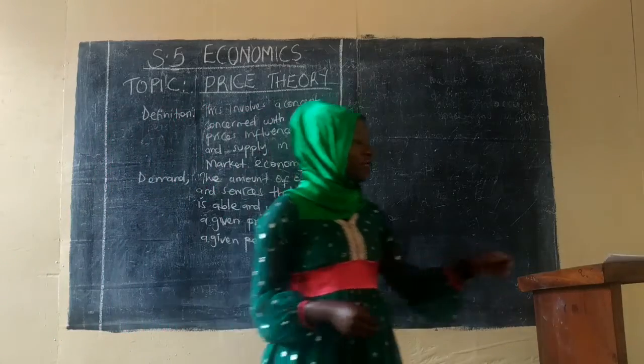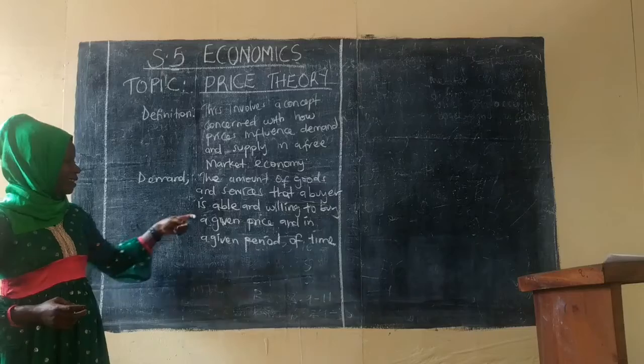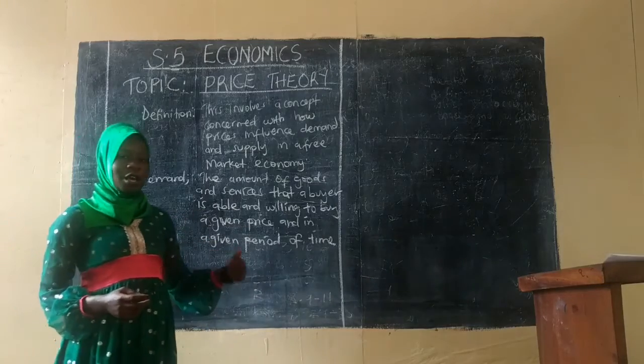How much of the commodities can you afford to buy at a given price and in a given period of time?